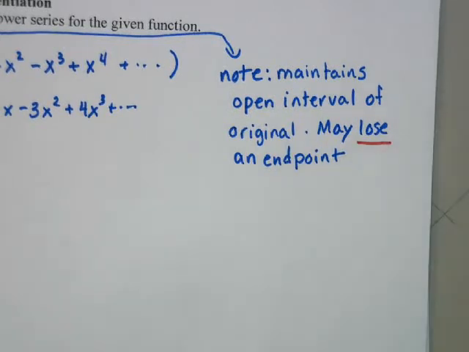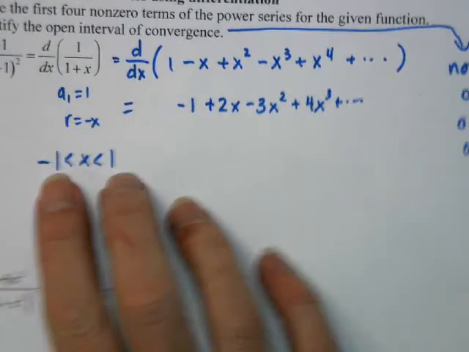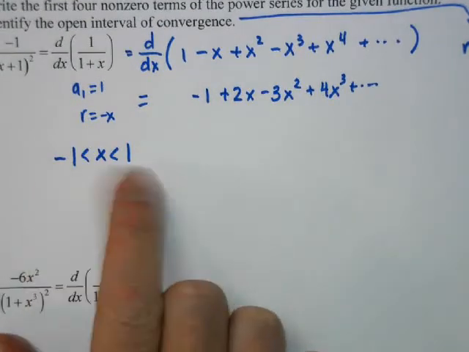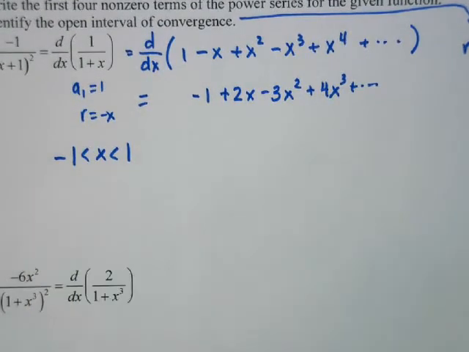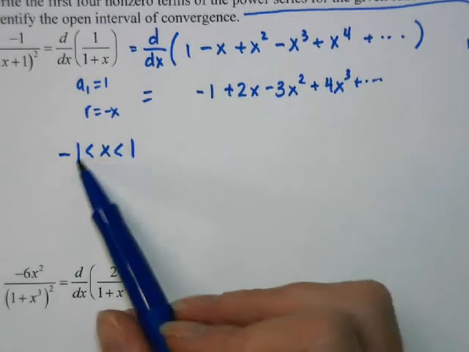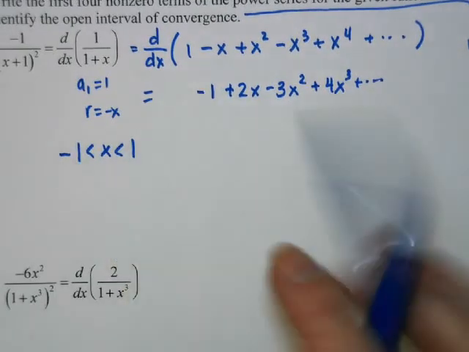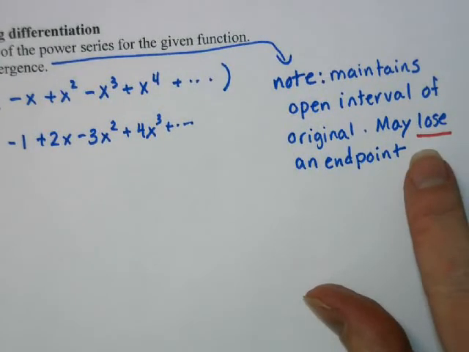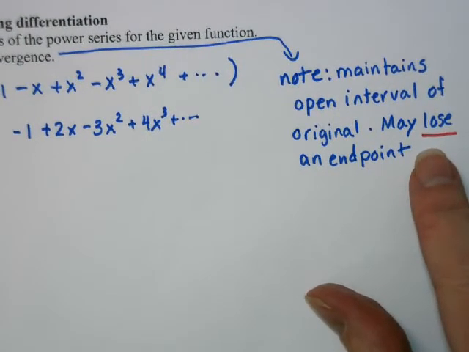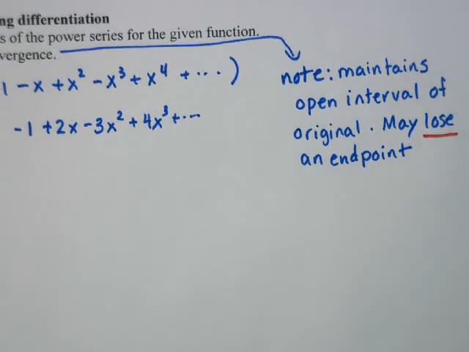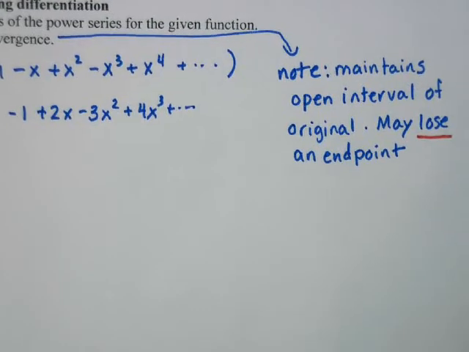That really isn't a big deal for us right now because we don't have any endpoints to begin with, meaning -1 and 1 are not included. But when we start looking at series that aren't geometric series, the interval of convergence may include the endpoints, and when you take the derivative, you may end up losing one of those endpoints. This is something that we won't get into until Unit 9, Part 2, but I just want you to be aware of it.